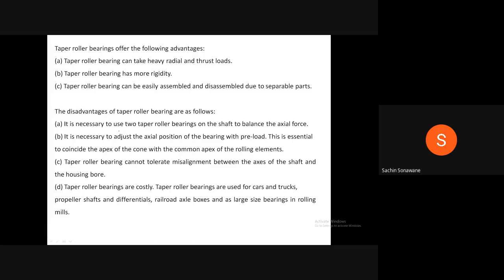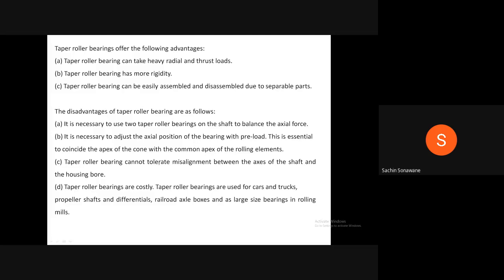The disadvantages of taper roller bearings are as follows. First, it is necessary to use two taper roller bearings on the shaft to balance the axial force. Second, it is necessary to adjust the axial position of the bearing with preload. This is essential to coincide the apex of the cone with the common apex of the rolling elements.